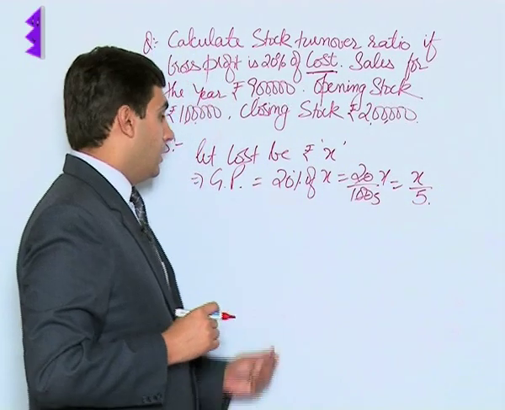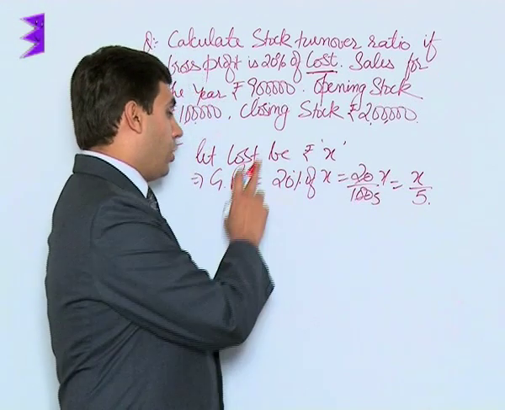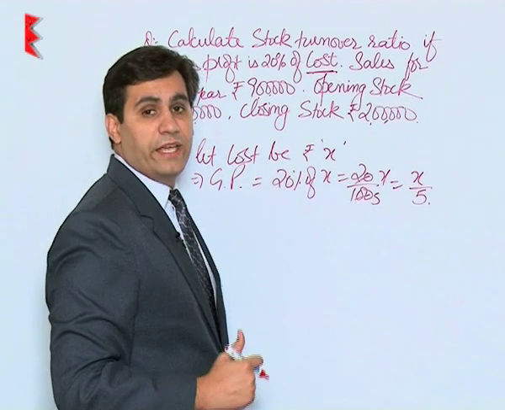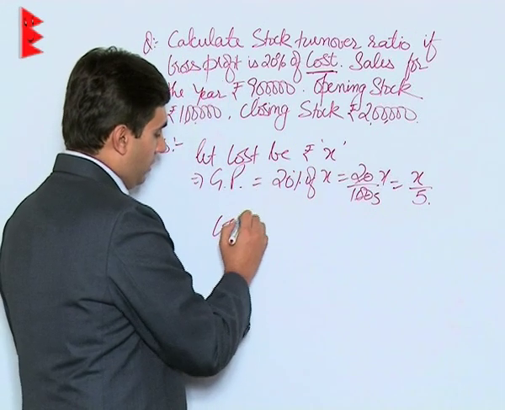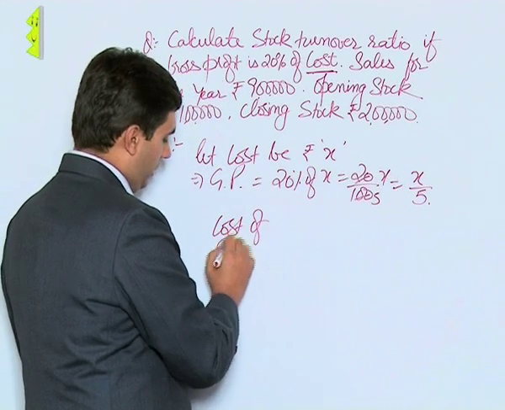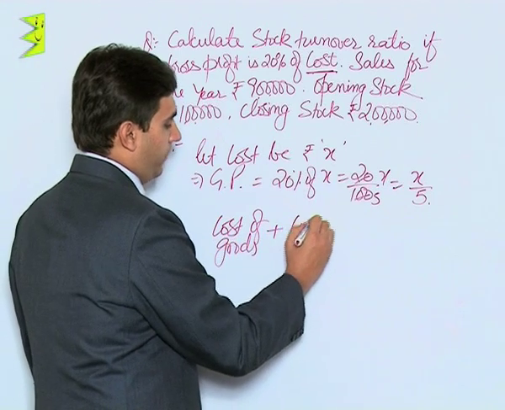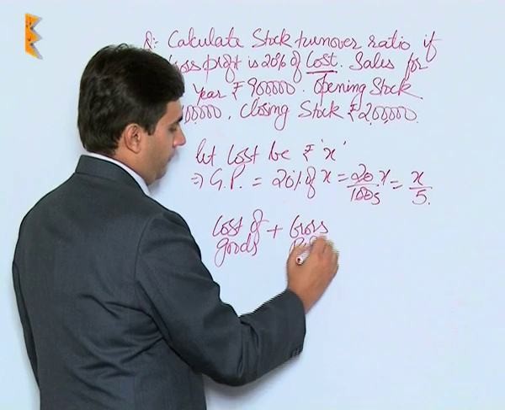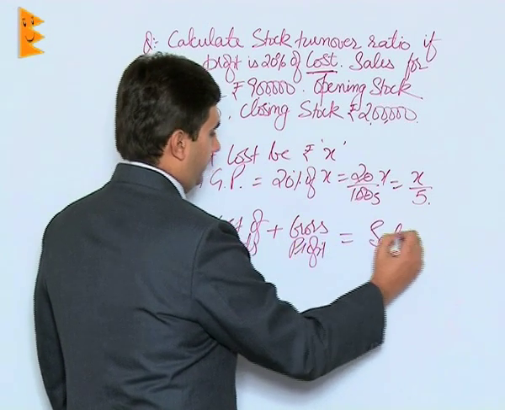Now students, cost is given to be X, or we have assumed it to be X. On this basis, gross profit comes to be X by 5. Now we know the relation, that is cost of goods plus gross profit is equal to sales.